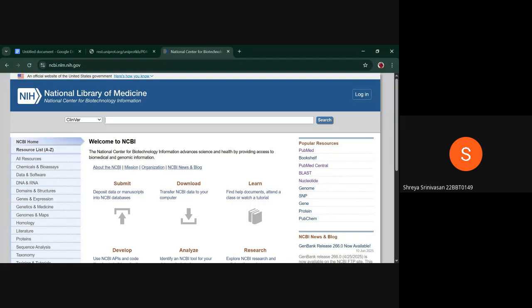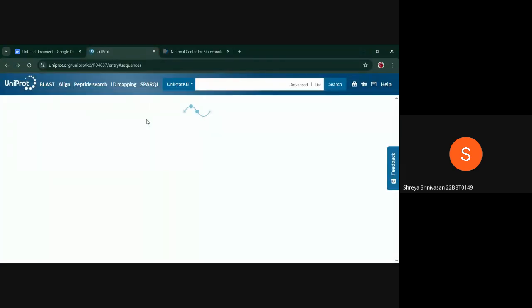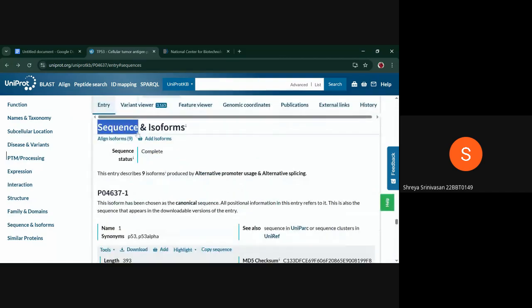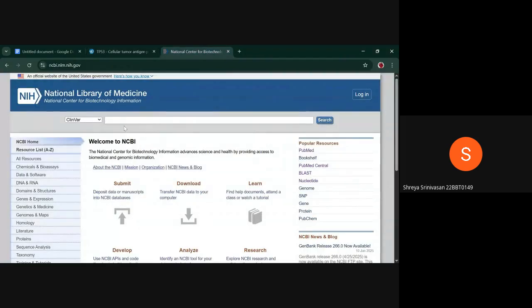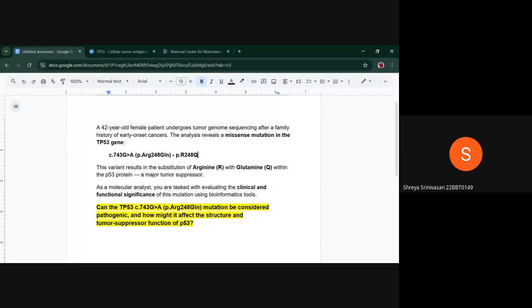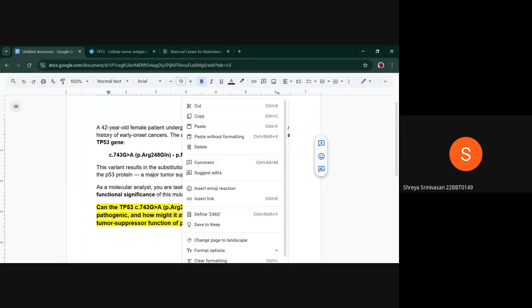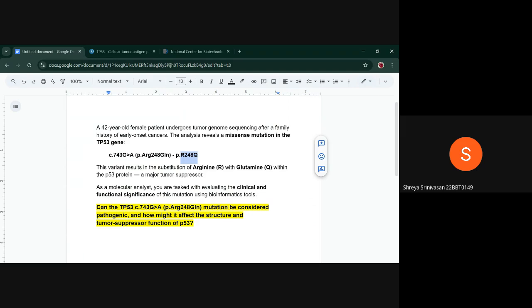Now we go to ClinVar. Once you go into NCBI, you will choose ClinVar over here. Now, remember in UniProt, we saw that the gene name is called TP53, right? So you can just copy the gene name, paste it here, put a space, and just copy and paste this notation to say what the change is.